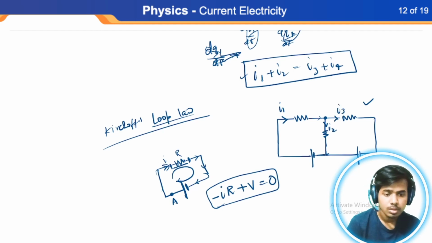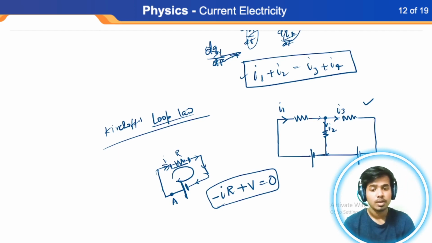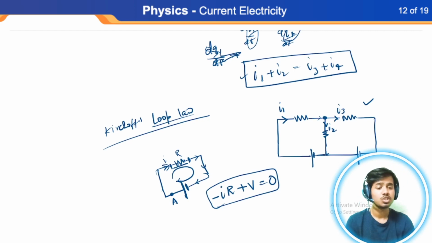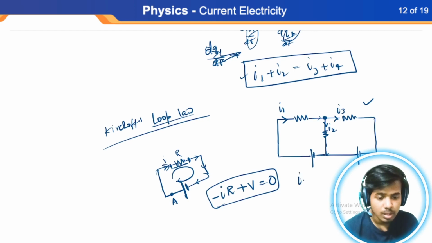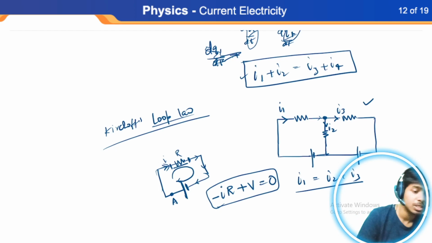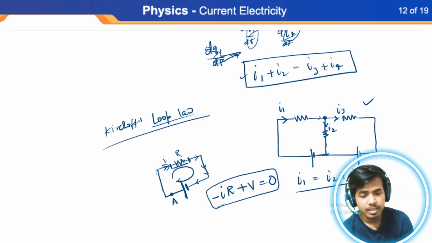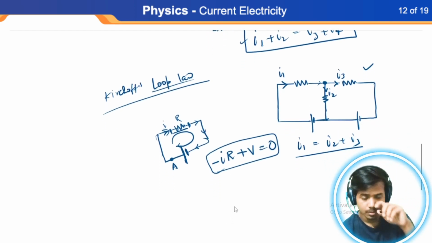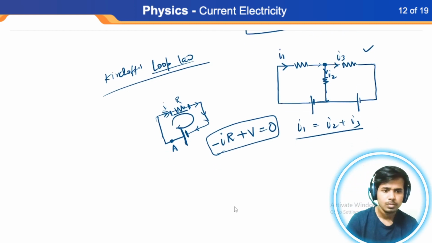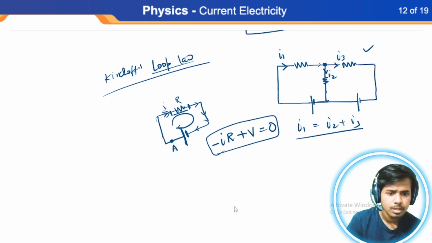Now as per Kirchhoff's ampere circuital law, I can apply this law across this junction, right? So I1 is equal to I2 plus I3. जितना करंट आ रहा है उतना वापस जाना चाहिए, राइट? सो इफ दैट इज द केस, then let's go ahead and apply the loop law.